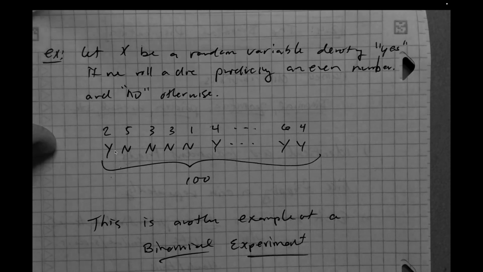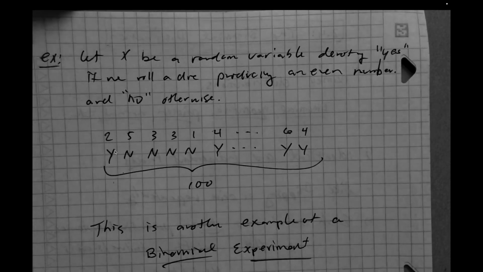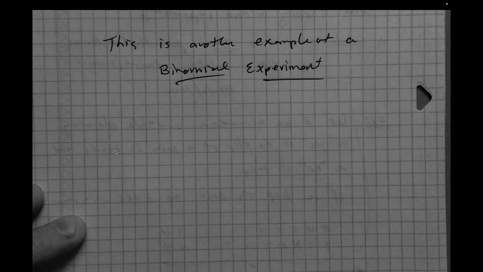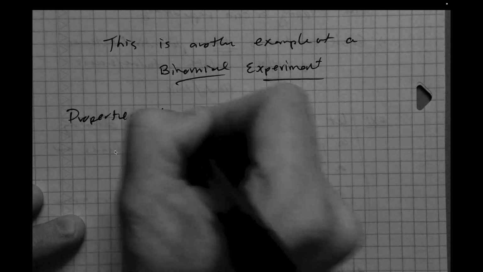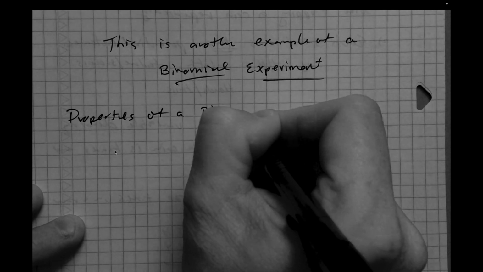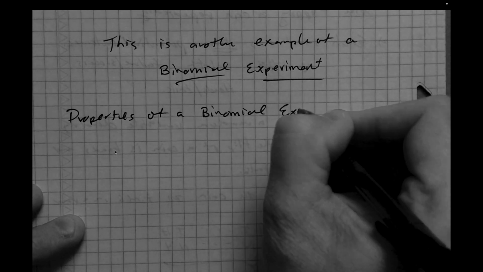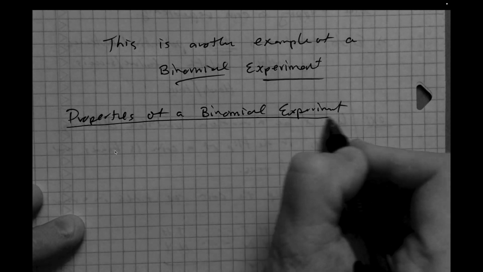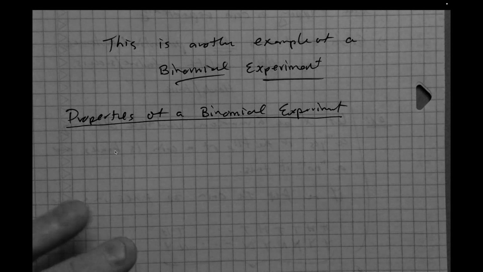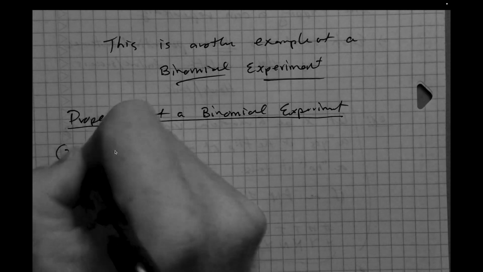Okay, so let's formalize the idea of a binomial experiment. What does this mean? The properties of a binomial experiment. We went over them, but let's make sure we've got them all in front of us here. So there are a few others, actually.